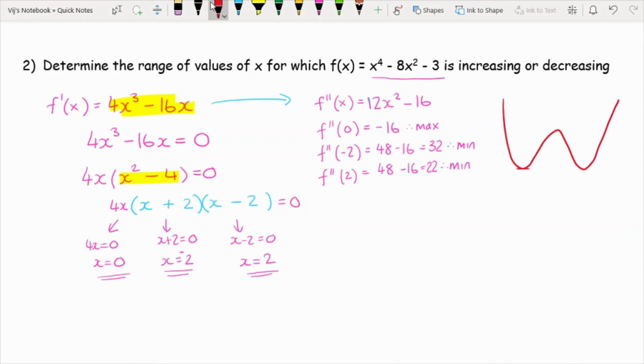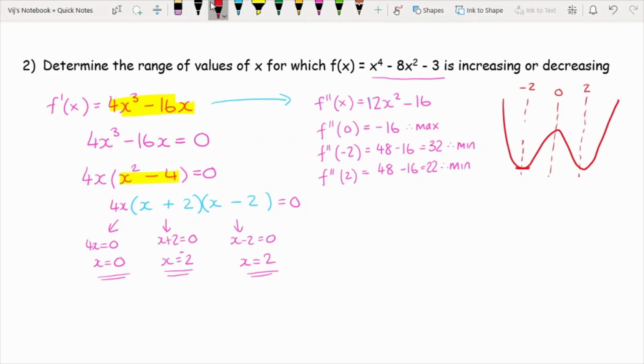So at this point here we're looking at minus 2. At this point here we're looking at 0, and at this point here we're looking at positive 2. So from this, what we then want to do is work out what our ranges are going to be.